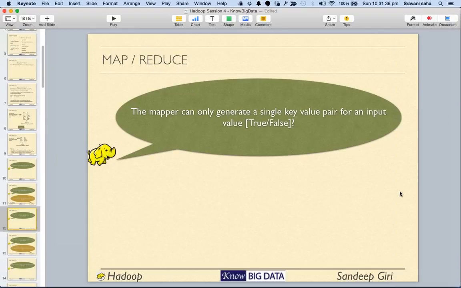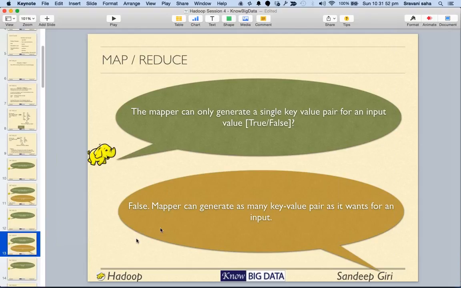Brilliant. All right, great. This batch is actually pretty smart because most of us in the previous session said true in this case. So false. Yes. The mapper can generate as many key value pairs as it wants for the input.